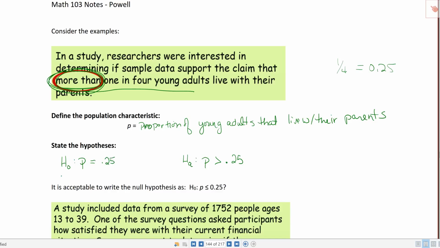Now, again, some textbooks will say that because this is greater than 0.25, they will say that the null hypothesis is less than or equal to 0.25. Either one of these is okay.